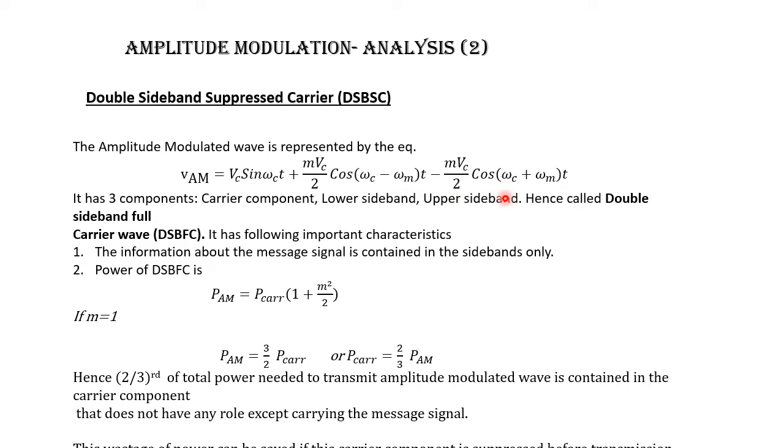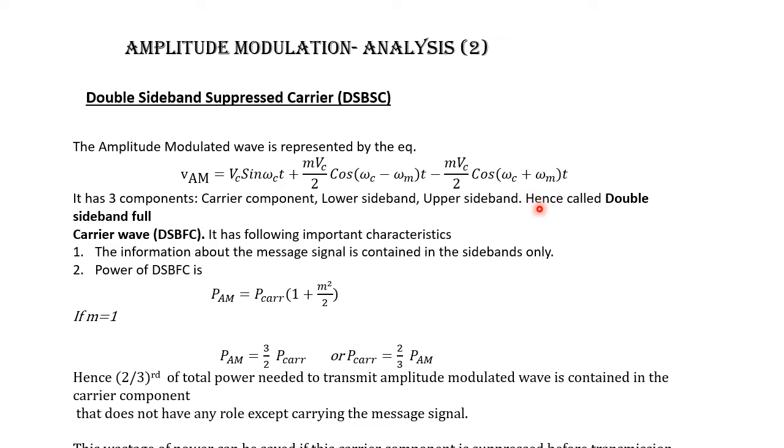The third term, which contains cos (omega C plus omega m) t, is the upper sideband, having the frequency Fc plus Fm. So it is evident from this equation that in double sideband full carrier wave, along with the carrier wave, the lower sideband as well as the upper sideband are both present.